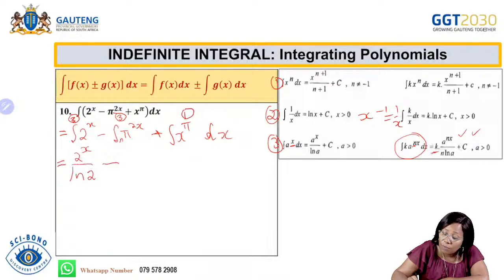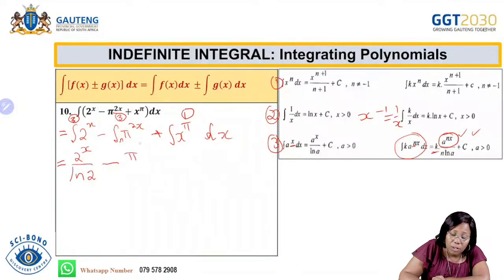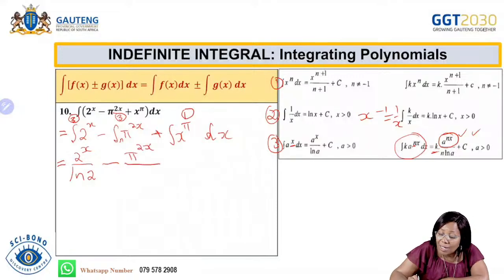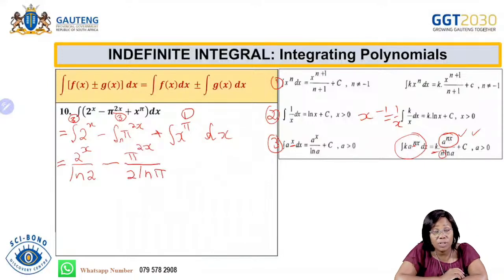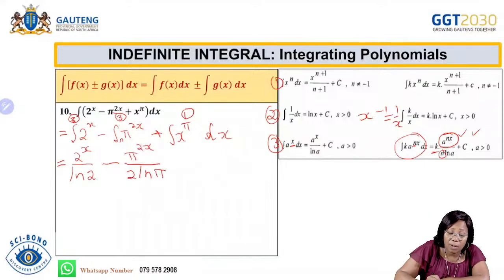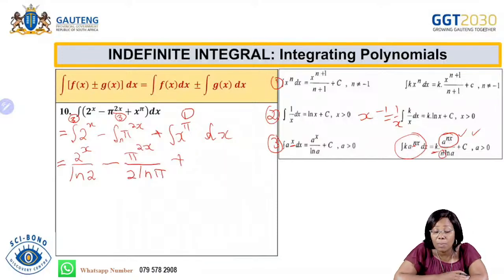So if we don't have the constant value, write whatever you have on top as it is. So we have pi to the power 2x as our numerator. For the denominator, it says take the coefficient of x, which is n. In this case, it will be 2. And then you bring the ln of a. Our a is pi there. Can you see that, grade 12? And lastly, we are integrating with rule number 1.